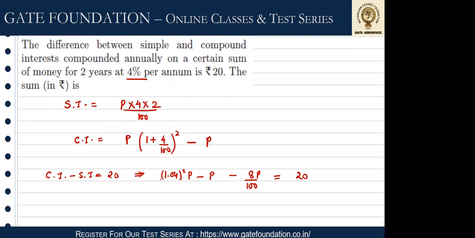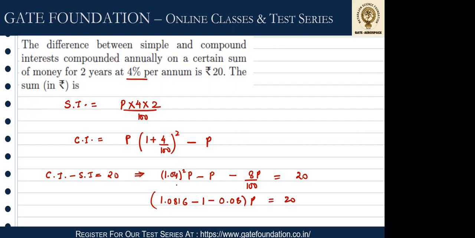Now it becomes quite simple. 1.04 square, which is 1.0816, minus... P की वैल्यू 1 ले लेता हूं मैं बिकॉज P को कॉमन लेने वाला हूं, and minus 0.08 P, it is equal to 20. बस इसको सॉल्व करते हैं.